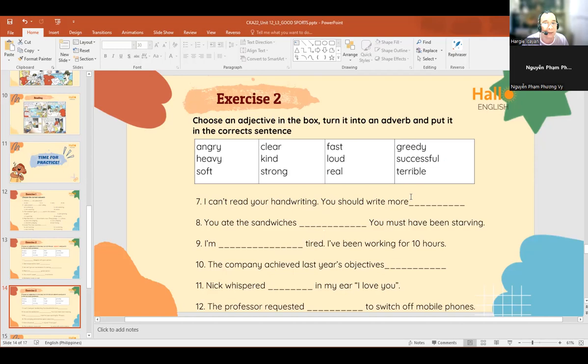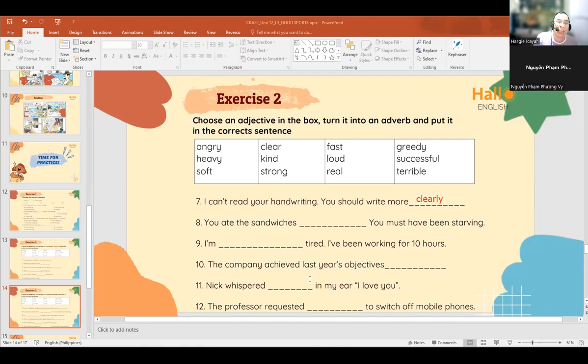More what? What is he going to do? He's going to write more clearly. Okay, that's it. Next, number 8.